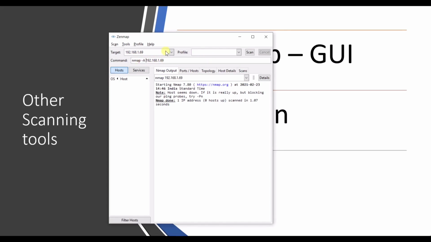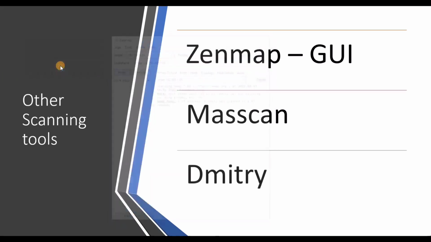You can also write here if you want an aggressive scan or server version detection, right? So this is the use of the Zenmap tool, and there is masscan.